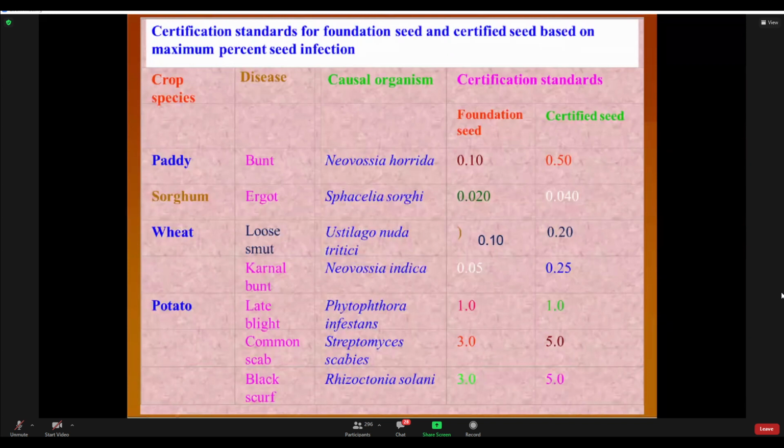Then what will you do? 5% is not allowed. Only 0.1% infection is allowed. You understand? The seed the farmers are dealing with, if the infection rate or the percent of diseased seed is 10%, for example, then that 10% seed is not allowed for import or for cultivation.